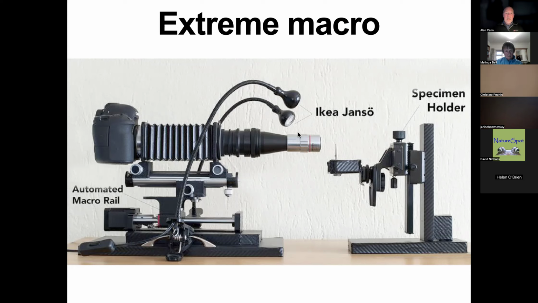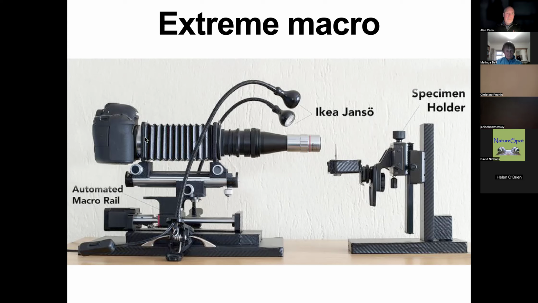There are various ways of doing this, but the normal way is to use a microscope lens and mount that on the front of your camera. Now, you can't just take a microscope lens and attach it to a camera. You have to use what's called a tube lens in between the camera and the microscope lens. There are various ways of doing that. You can actually use a telephoto lens as a tube lens.